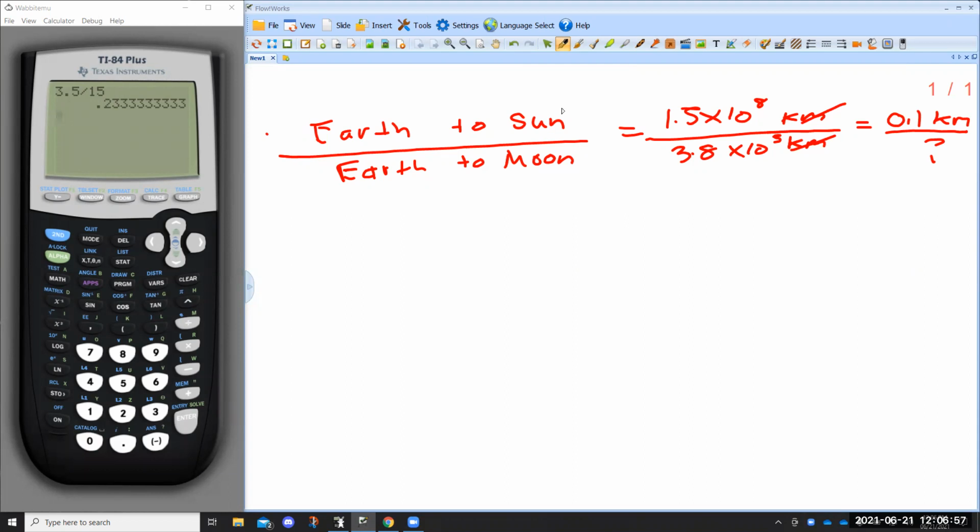This is going to be 1.5 divided by 3.8. It's going to be 0.3947368421 times 10 to the 3rd.